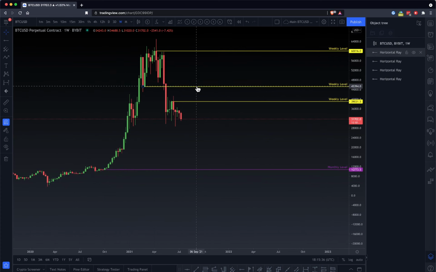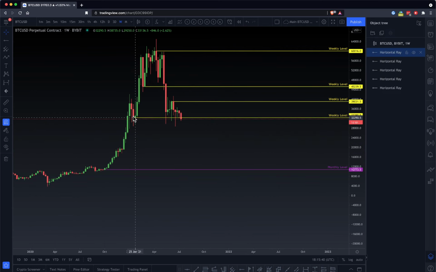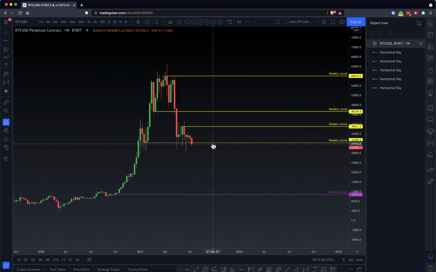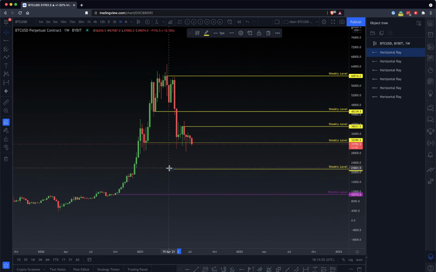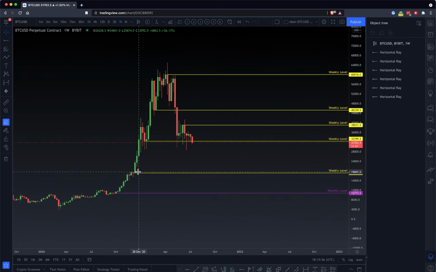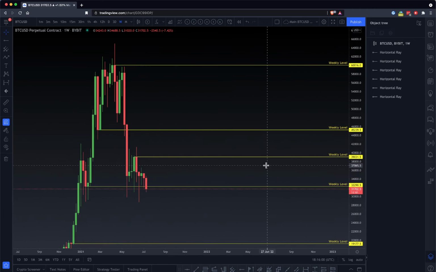That's what I prefer now, but we will check other confluences like volume profile, the naked points of control, and other things to find the best confluences, and we will use those levels for our trades. For now, let's mark out the most visible areas that are not very close together.